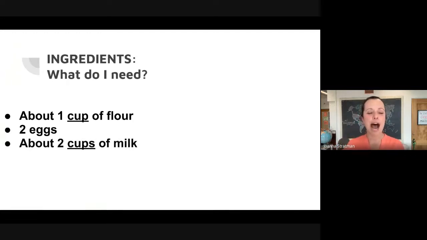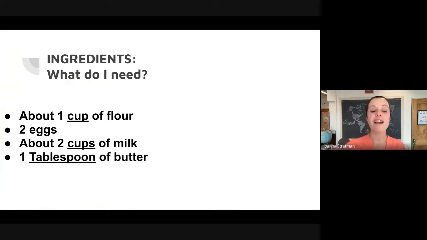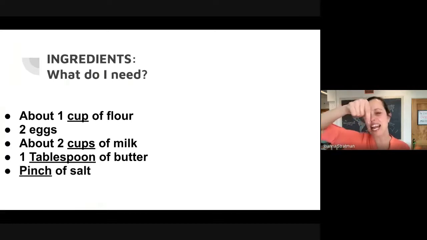I need about 2 cups of milk. 1 tablespoon of butter. 1 tablespoon of butter is about this much. And then I need a pinch of salt.